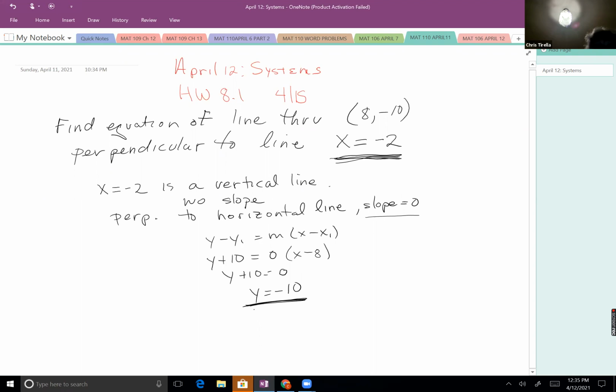And so you probably could have gotten to here without putting all of this work in the middle, if you remember that x equals a number is a vertical line. It's perpendicular to a horizontal line, which is y equals a number. And the number would have to be the same as the y value of the point.